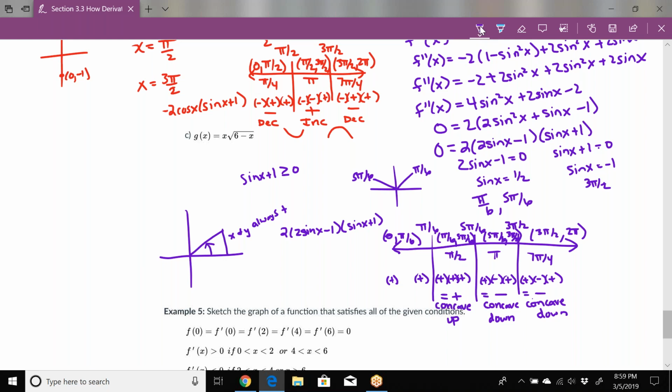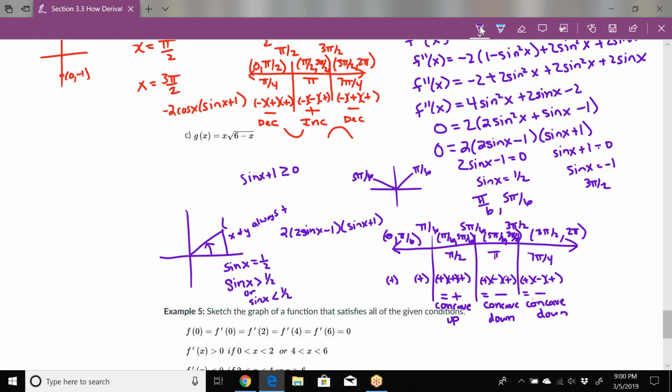We're questioning, is 2 sine x minus 1 going to come out positive or negative here? This is more like saying, remember sine x is equal to 1/2 here. What we want to know is, is sine x greater than 1/2, so it comes out positive, or is sine x less than 1/2?